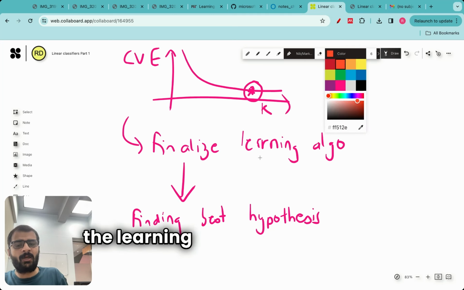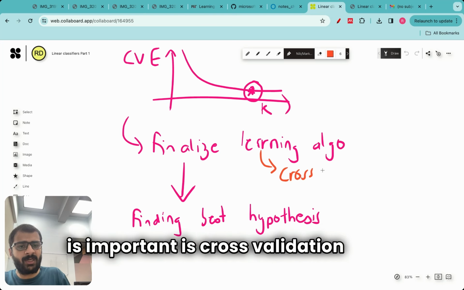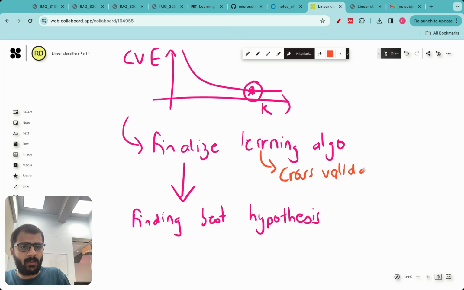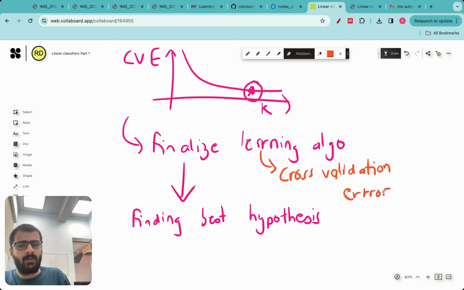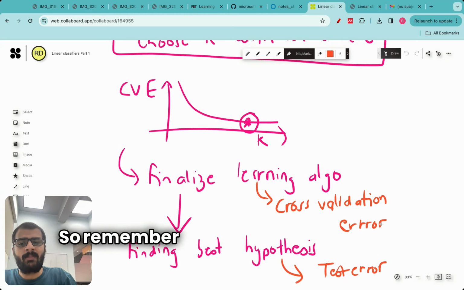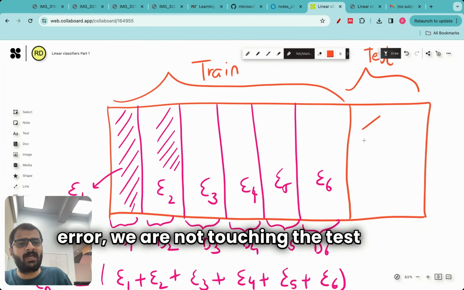And there is a difference in these two cases. In the case of finalizing the learning algorithm, the error which is important is the cross validation error. And here the error which is important is the test error. So remember that when we are finding the cross validation error, we are not touching the test data at all.